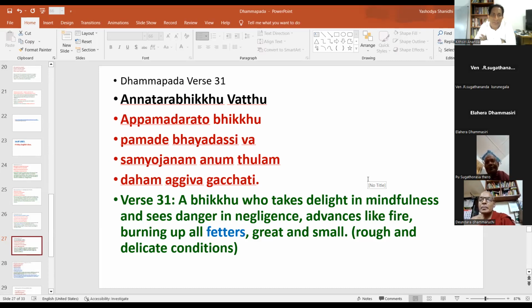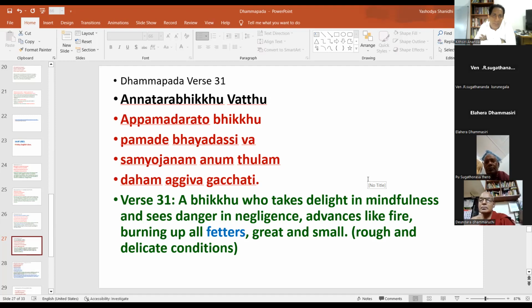Pamade bhayadassiva, sees danger in negligence. And advances like fire, dahang aggiva gacchati, burning up all fetters. Sanyojanang anuntulang.